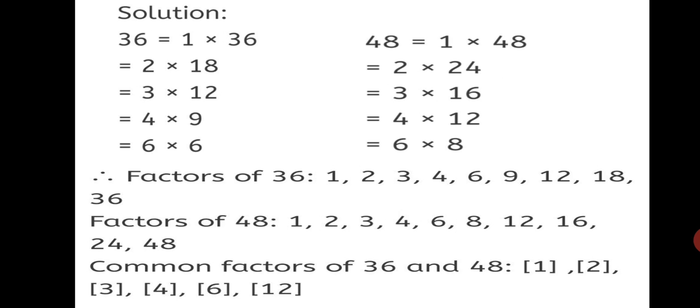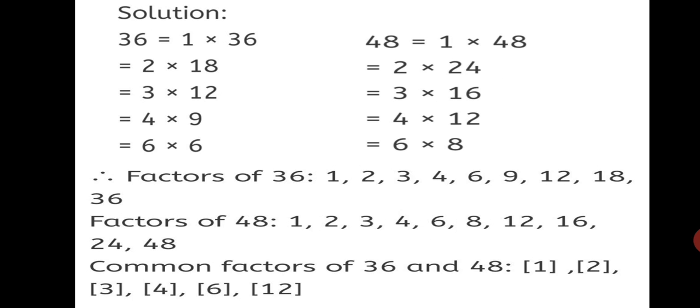Factors of 36, how you will write? You will write in a horizontal method or you can just find out by dividing. So 1 into 36 is 36. You can divide 36 by 2. Okay? And you know the test of divisibility. 36 is divisible by 2. If you divide 36 by 2, you will come to know that 2 18s is 36. So 2 into 18 we wrote.